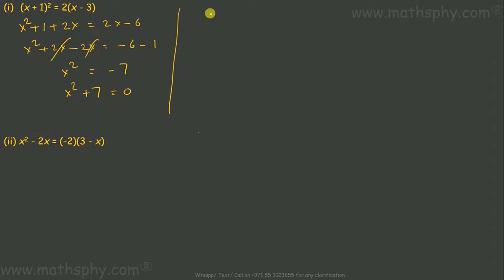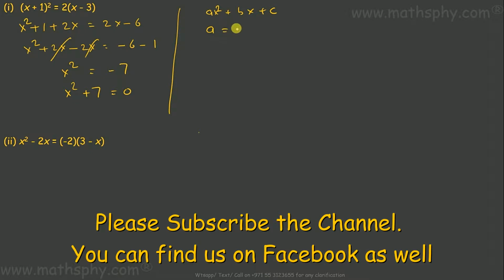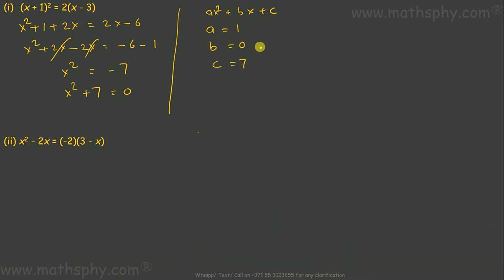We have to write this in the format of ax squared plus bx plus c. Here my a is 1, b is 0 and c is 7. So a is 1, so x squared stays as it is. b is 0, 0 into x, and c is 7.